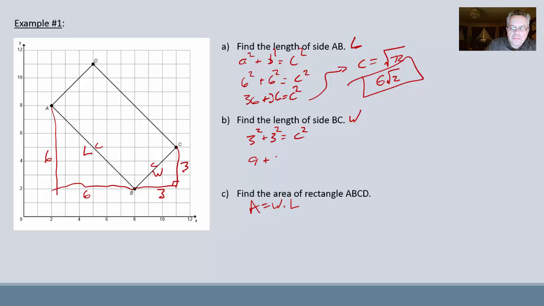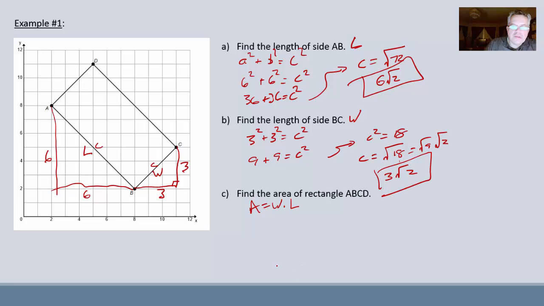That's 9 plus 9 is c squared, so c squared is 18. So c is the square root of 18, and I can simplify it. This is the square root of 9 times the square root of 2, which is 3 times the square root of 2.